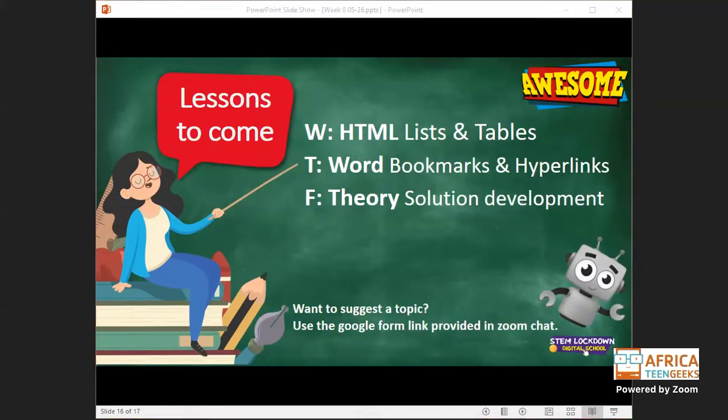HTML is quite nice, and I can't seem to find the link now. If you've got anything you want to add to those lists for next week, tomorrow I'll paste the link again for the Google form, and you can add something for next week's list. For now we're doing HTML, and we're going to do a little bit of Word.